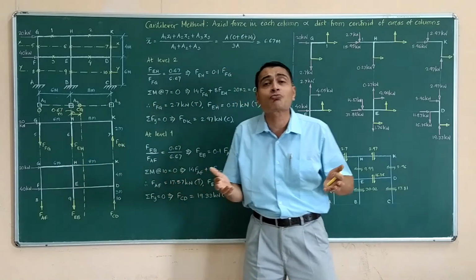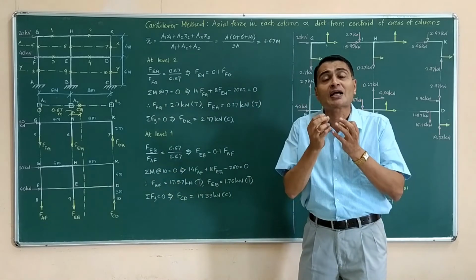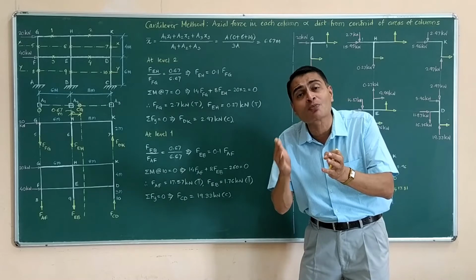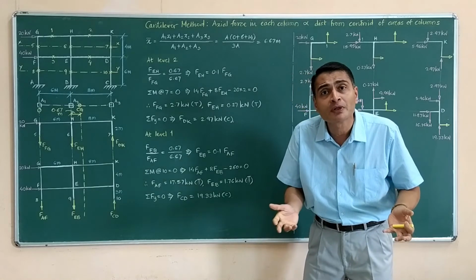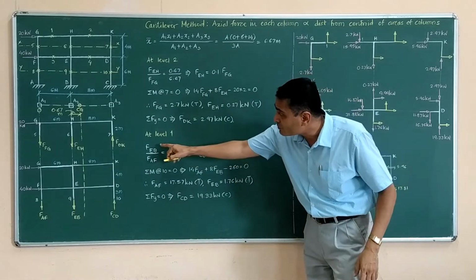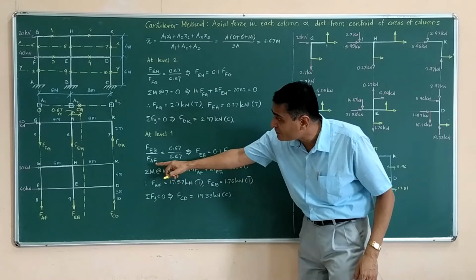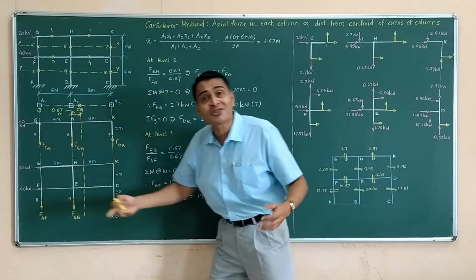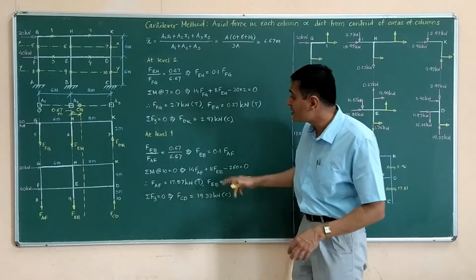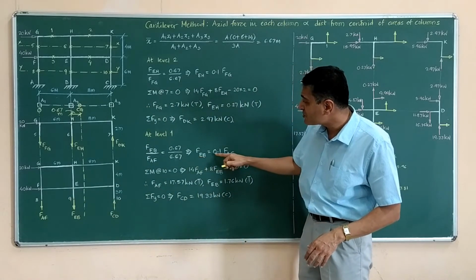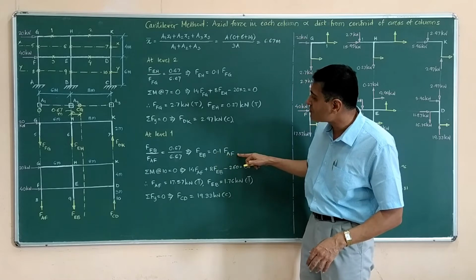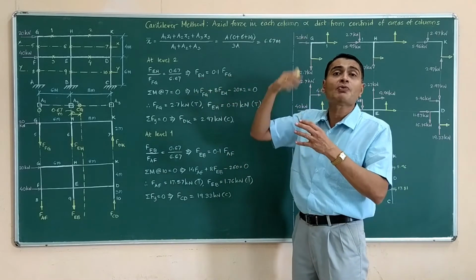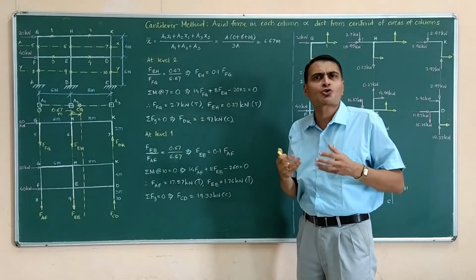That is the assumption of the cantilever method, that axial force in a column is proportional to its distance from the centroid of the column group. So I am writing F of EB upon F of AF is equal to 0.67 upon 6.67. Obviously, you will get F of EB is equal to 0.1 times F of AF, an expression quite similar to what we found in the upper floor. It has to be similar.